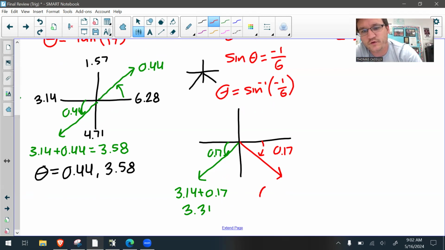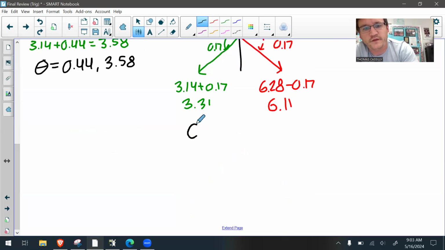So we're going to take 6.28 and subtract 0.17 from it, and that is going to give us 6.11. So the two answers for this first one: theta equals 3.31 and 6.11.